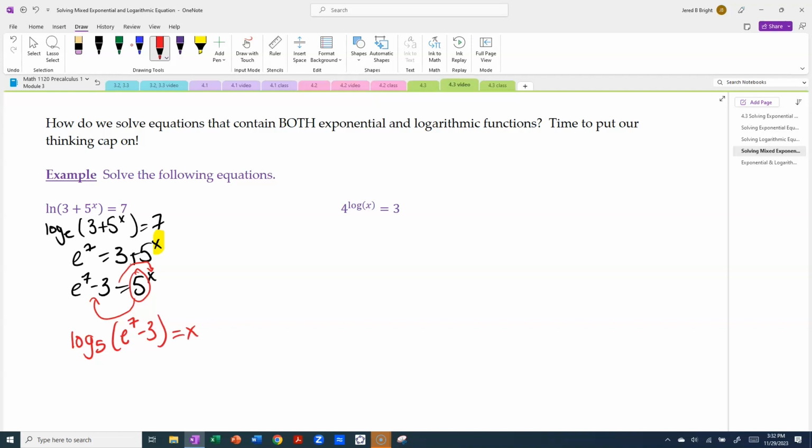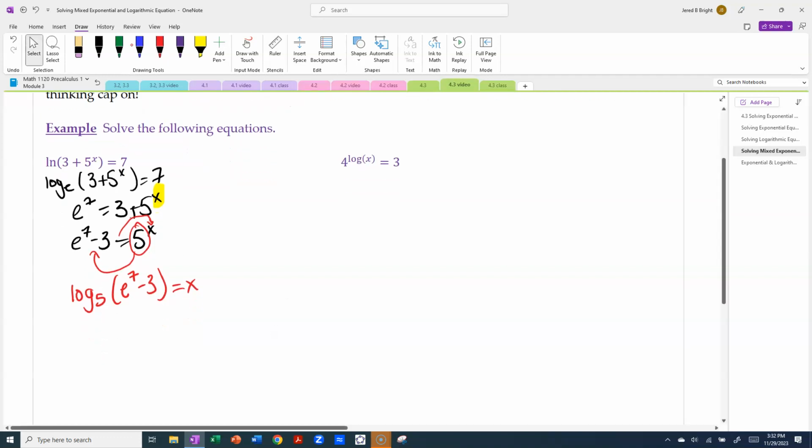That seems really gross and awkward. It is gross and awkward, and we could find its value with a calculator via the change of base formula and whatnot.